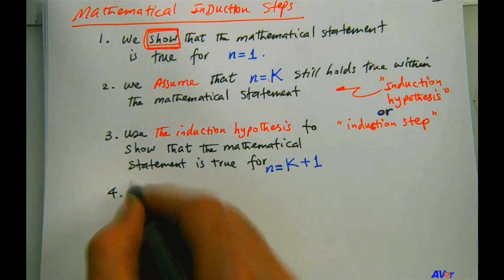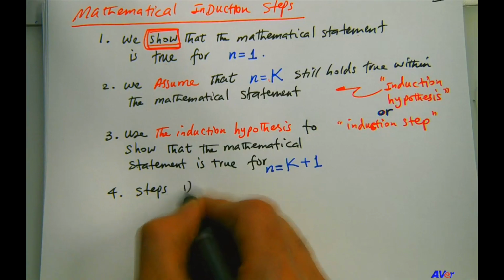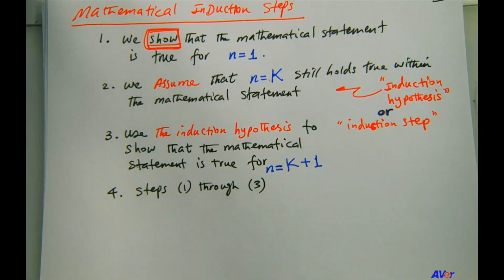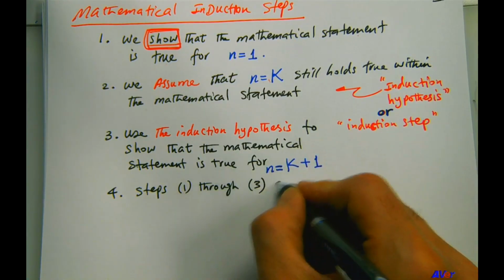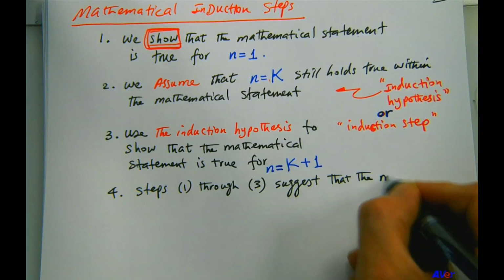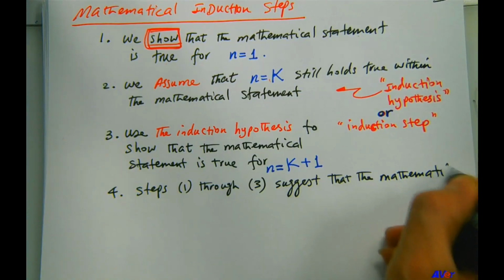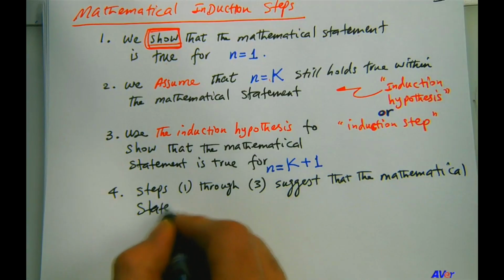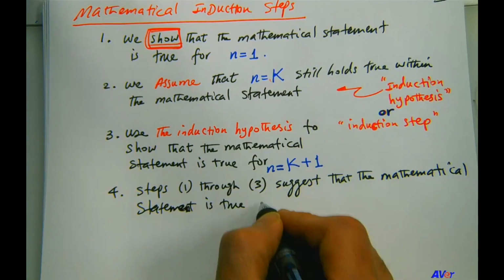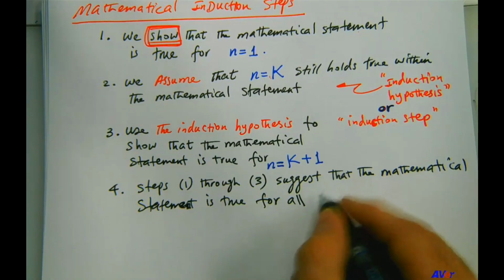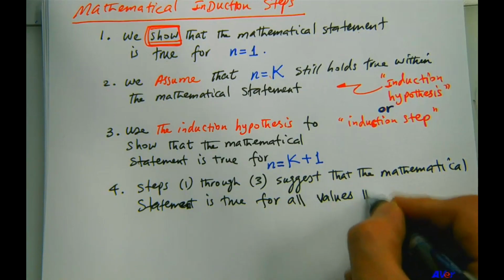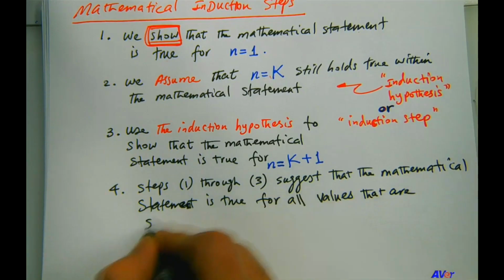So steps 1 through 3 show that the mathematical statement is true for all values that are stipulated.